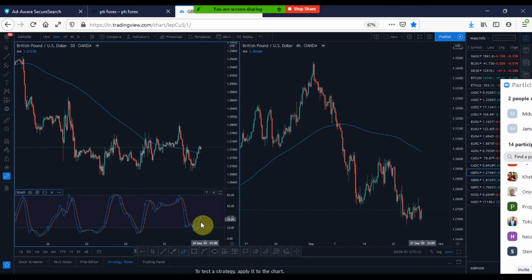So this stochastic plays a very huge role in our trading. I've been using it for the past 3 weeks. There was something that I wanted to add. For example, it helps you to avoid buying markets which are already overbought and selling markets which are already oversold, because one can take advantage of a certain move.